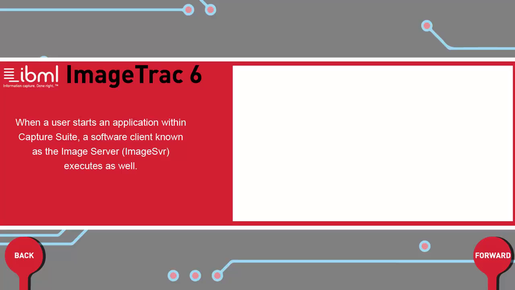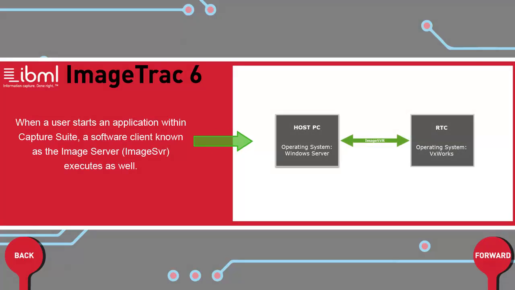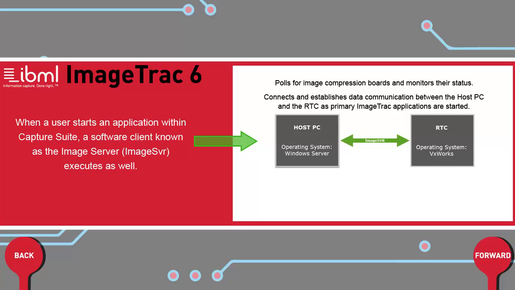As a side note, when a user starts an application within Capture Suite, a software client known as the image server executes as well. Once executed, it polls for image compression boards and monitors their status. This will be discussed later on in this course. The image server then connects and establishes data communication between the host PC and the RTC as primary ImageTrack applications may be started.